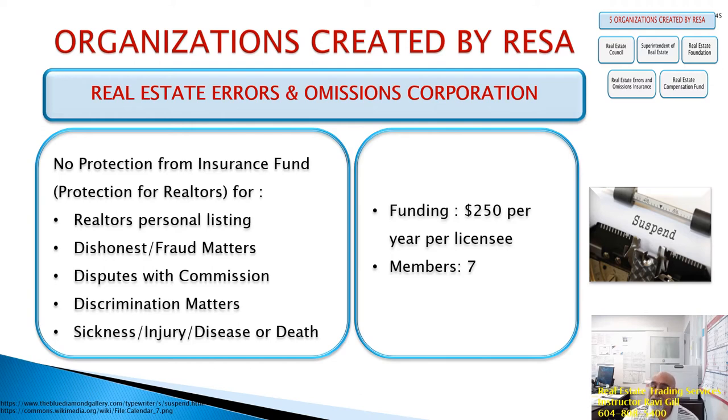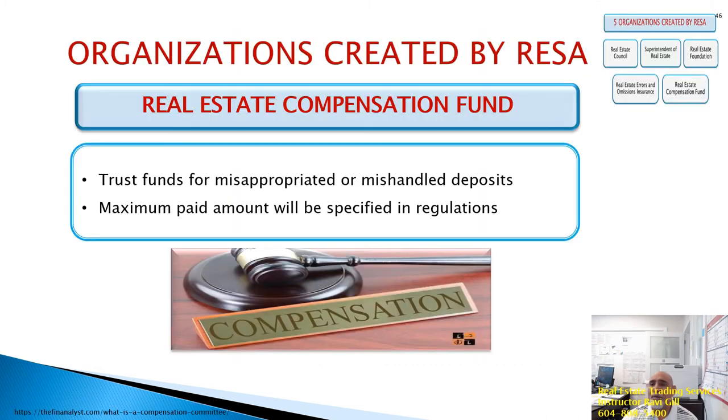Where is the money coming from? Realtors pay $250 per year per realtor, and there are 7 members in this corporation. And the last one, the real estate compensation fund. It's basically any money that goes missing in the trust account, and this fund will cover that.